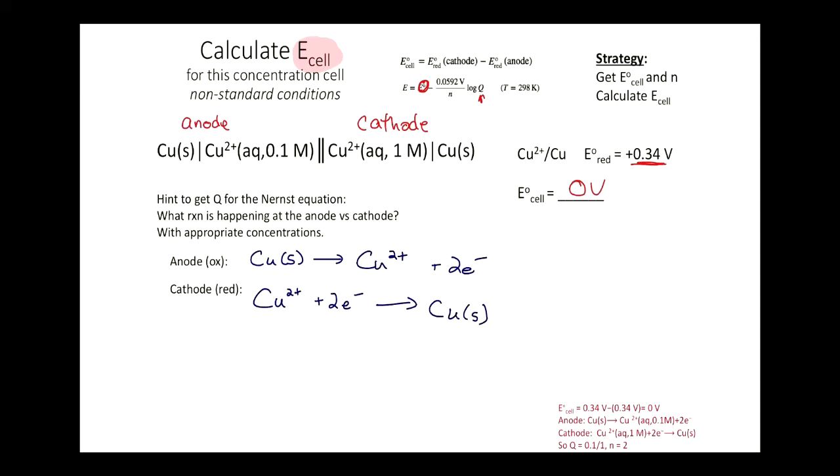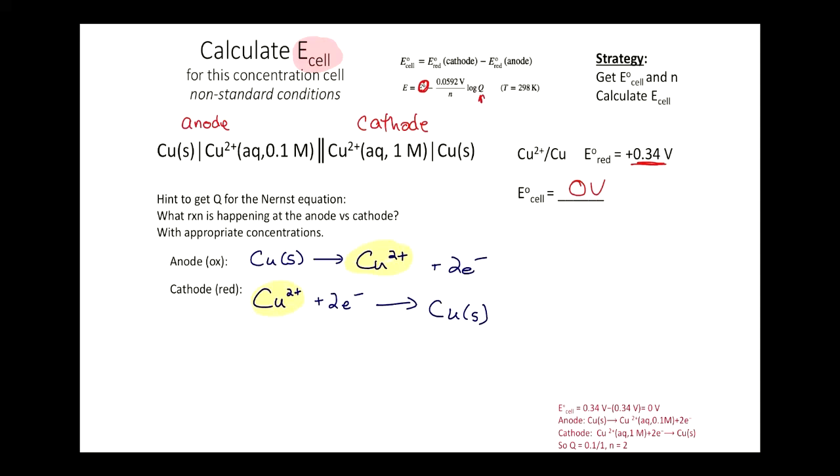Why am I writing this? It's going to help me figure out which copper goes on the top of the Q expression and which one goes on the bottom. Because notice, copper 2+ is a product in the anode reaction, but it's a reactant in the reduction reaction.